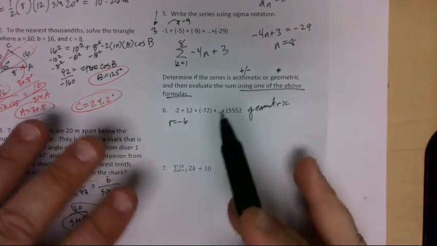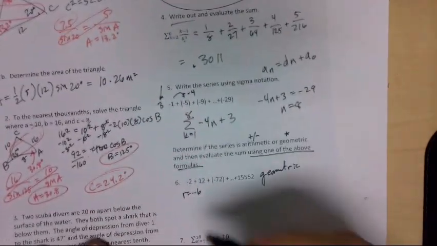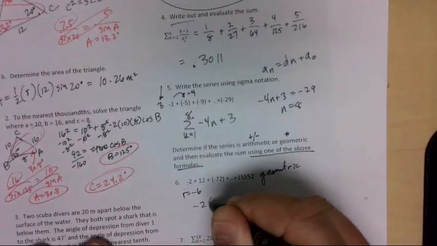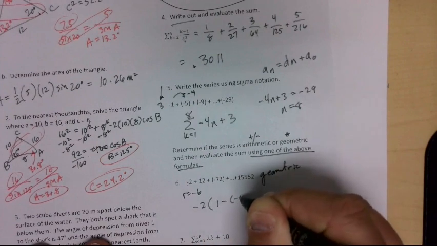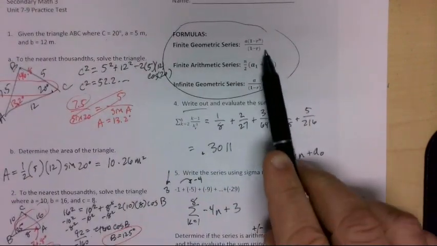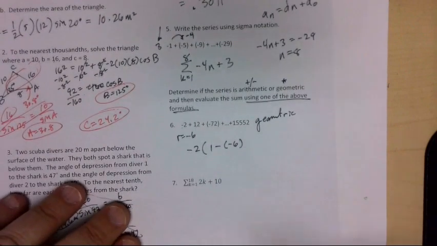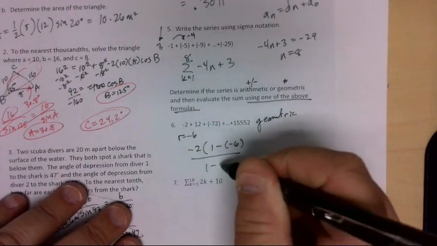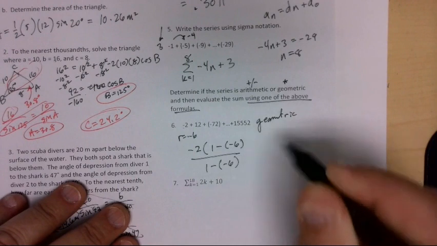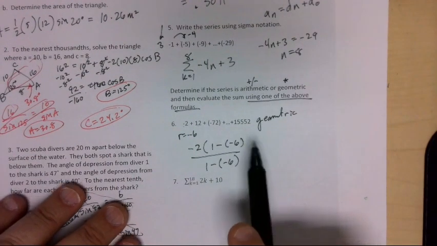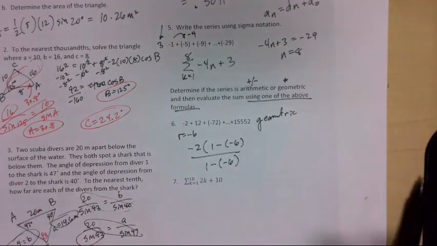The formula for geometric says it's the first term, so that's -2, times 1 minus the ratio, which is -6, to the power of n, all over 1 minus the ratio. Now I know I skipped a spot, because I've got to figure out how many terms there are from here to here. Well, yuck.